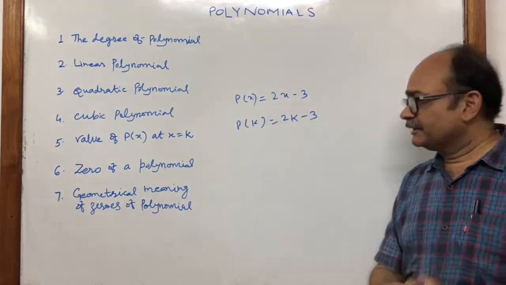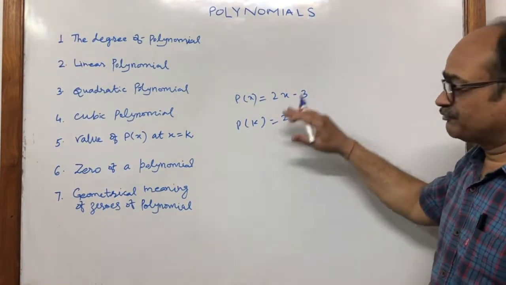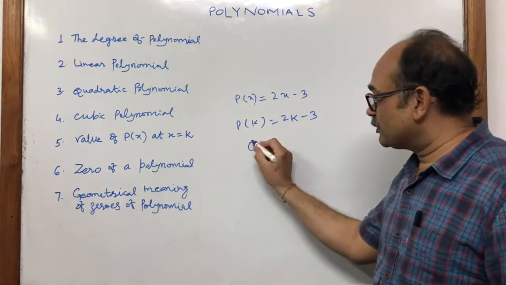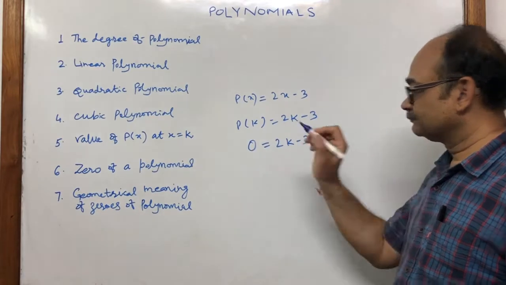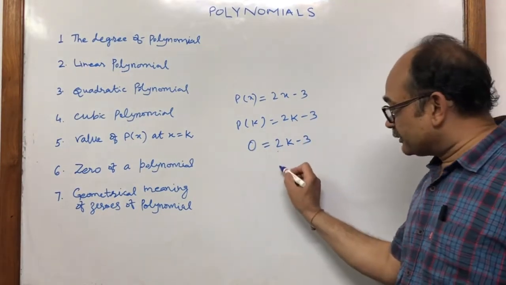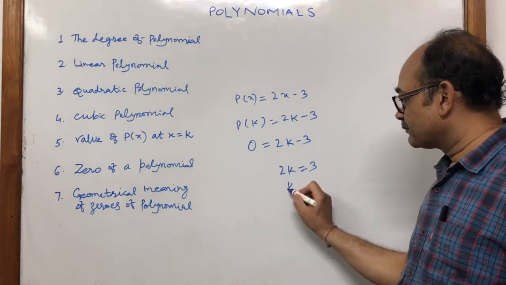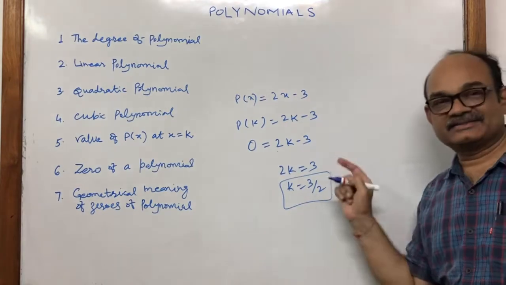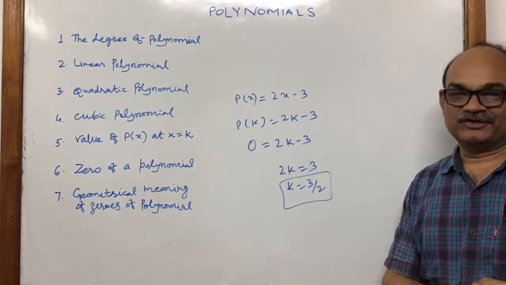But I want to know what the zero of this polynomial is. For a zero of the polynomial, we know that this quantity must be 0. Here is the definition. Calculate for k. What are we getting? 3 by 2. Hence 3 by 2 is a zero of the polynomial.